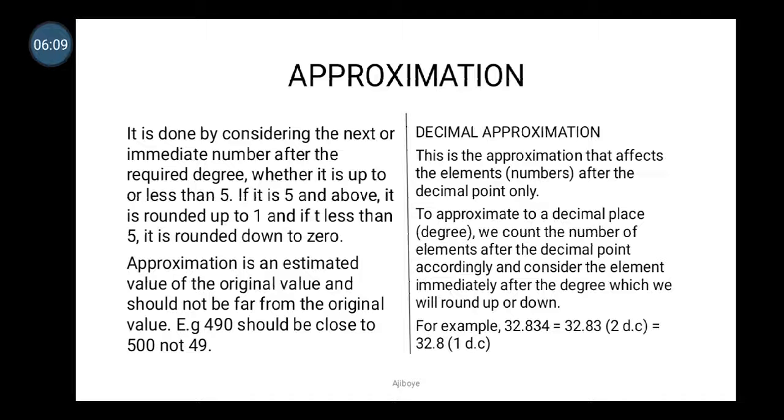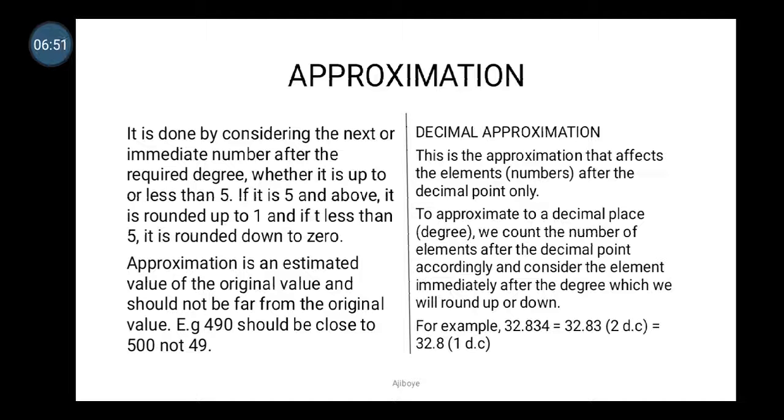And in so doing, 32.834 to 2 decimal places means I will stop at 3 and then consider the number immediately after 3. In this case, the number is 4. Since 4 is not up to 5, it will be rounded down to 0. Okay, and therefore my 2 decimal places approximation is 32.83, and that is equal to 32.81 if I approximate to 1 decimal place.